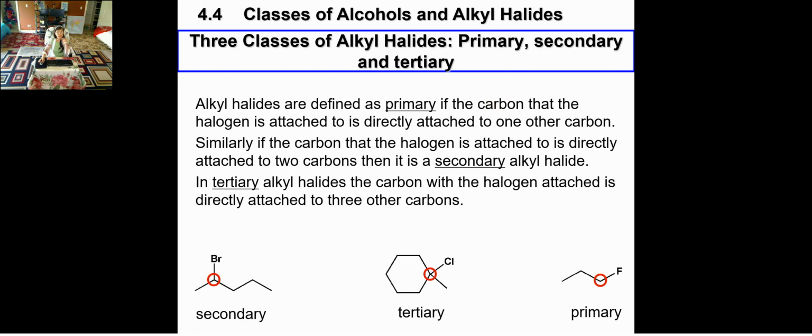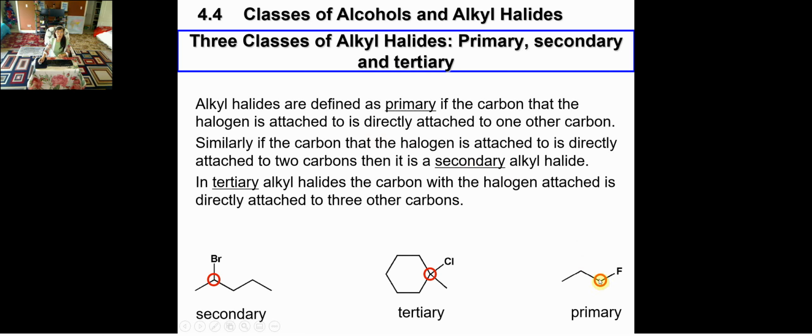It is based on the number of carbons your parent carbon is connected to. So in your alkyl halides, you define it as primary if the carbon that the halogen is attached to is directly attached to one other carbon.